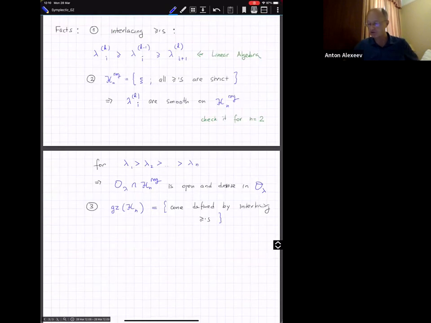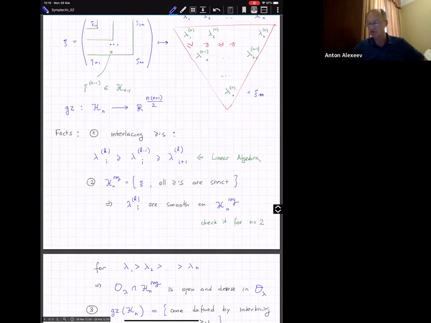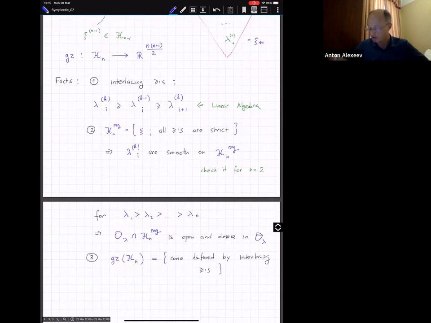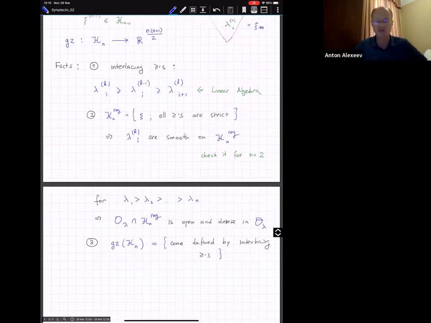In other words, whatever lambdas satisfy those inequalities, there is a Hermitian matrix which has that set of eigenvalues for the matrix and for submatrices. So this is also all easy stuff, some kind of elementary linear algebra.